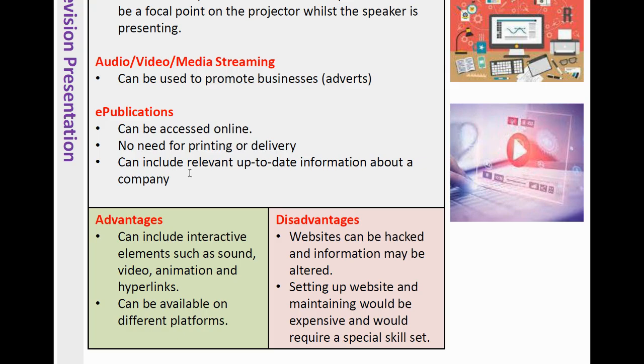Let's say you are a restaurant and you have sent out a menu and then added additional items. Then you'd have to print off a new menu and give that to your customers, which would be time consuming and cost money. If it was an online publication, you can just update it one time, and it can be accessed by all of your customers.